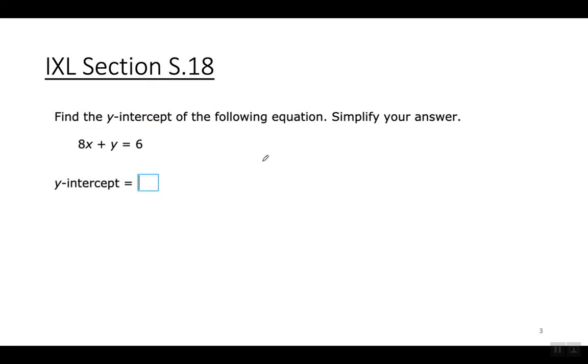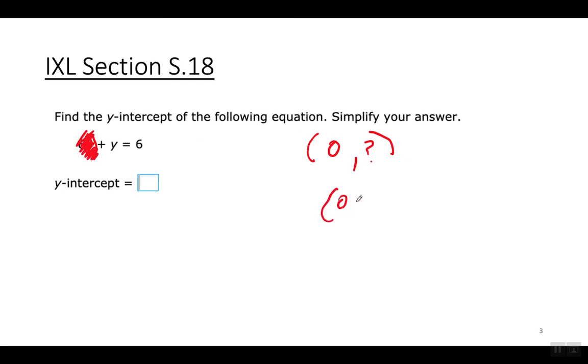Let me say it another way in case anybody's confused. The coordinates for the y-intercept are always going to have x equal to 0. So what does y have to be if x equals 0? If I put a 0 right here, what is y going to equal in this equation? 0 times 8 is 0, so that vanishes, and y will equal 6.